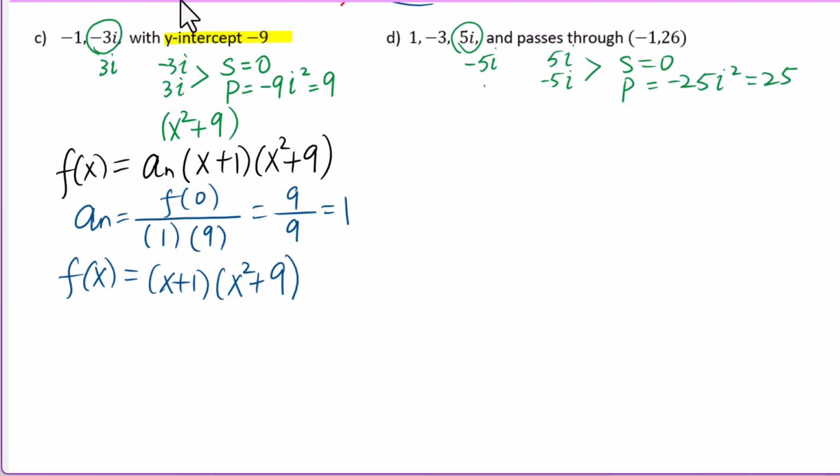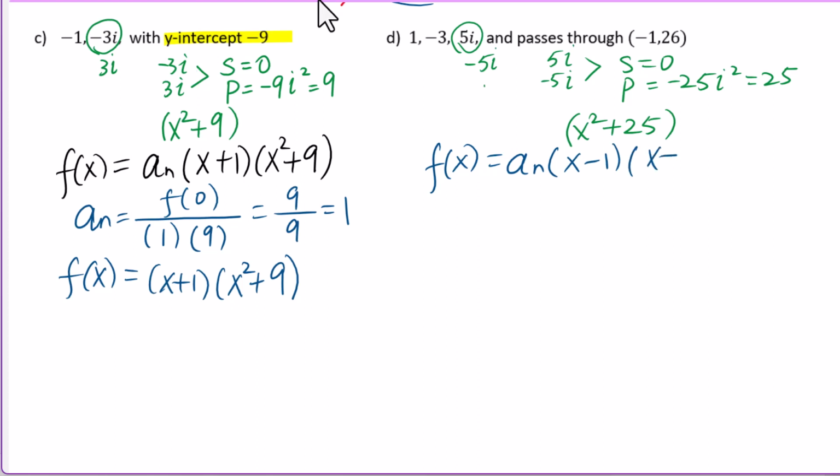So we got Vieta's form of this quadratic function, x squared plus 25. Then f of x equals a sub n times (x minus 1)(x plus 3)(x squared plus 25), passing through (-1, 26).